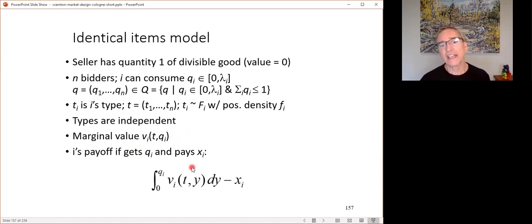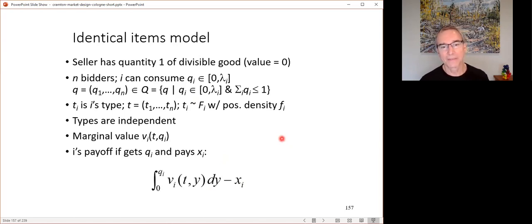The payoff that you get is just integrating under your marginal value curve minus your payment. So here we've got the quasi-linear utility. Its payoff is linear in money and the good. And that is our setup.